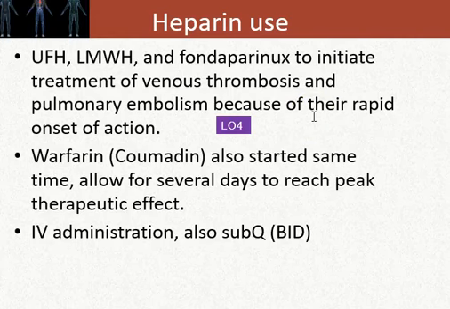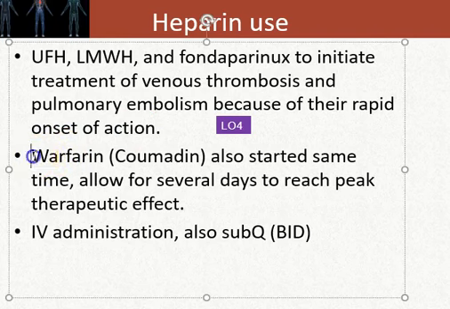So where do we use heparin? We can use the unfractionated, low molecular weight, and then this other molecule called fondaparinux, which is kind of in this heparin category. We'll talk about that more. To initiate treatment of venous thromboses and pulmonary embolisms, because these drugs work so quickly. Okay. The other time we use heparin is before warfarin, and we'll talk about how important this concept is.